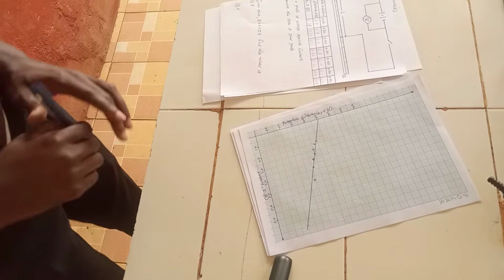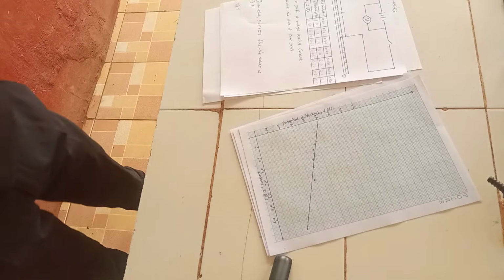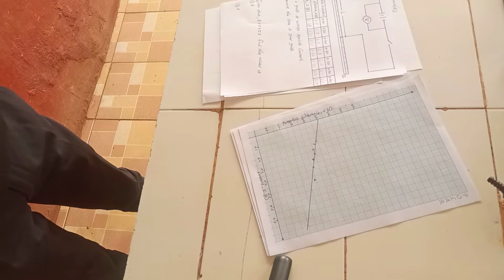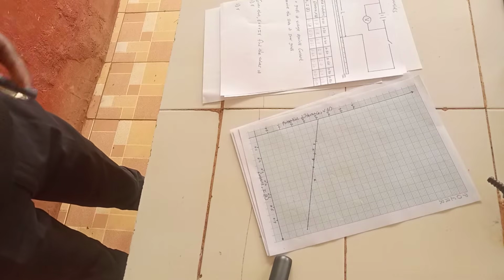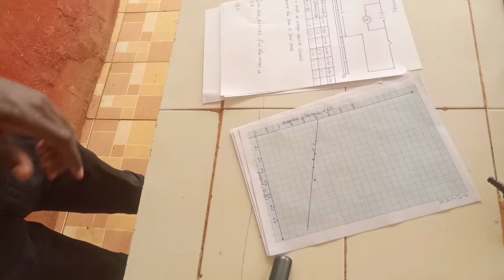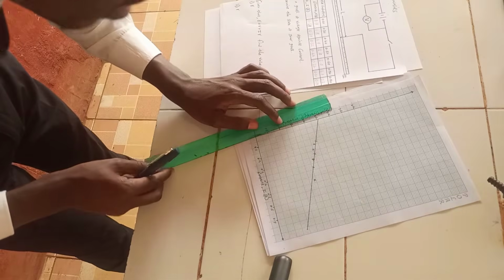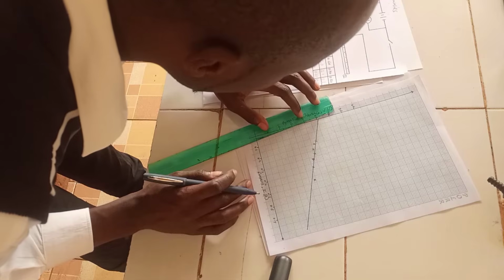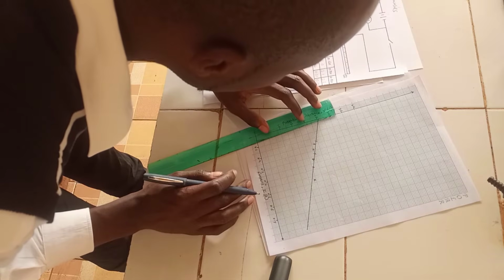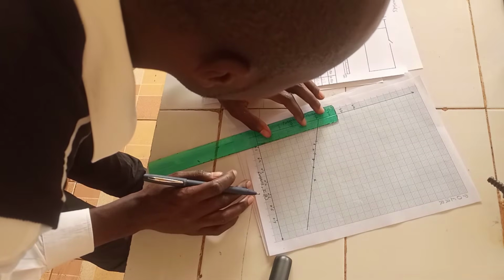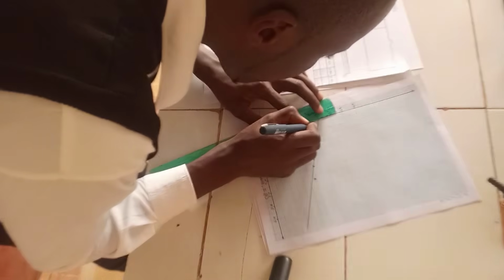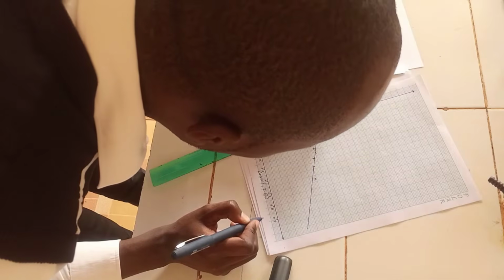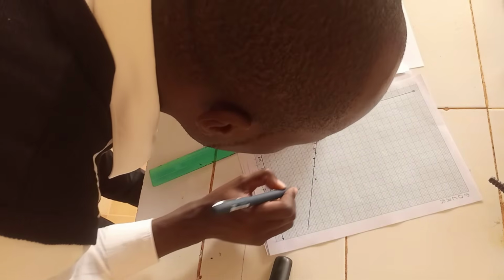With that line now, we are told to determine the slope of your graph. So for the slope, we look for two readable points. Maybe we can pick two points which are easily readable. I can pick this point here and another readable point here.